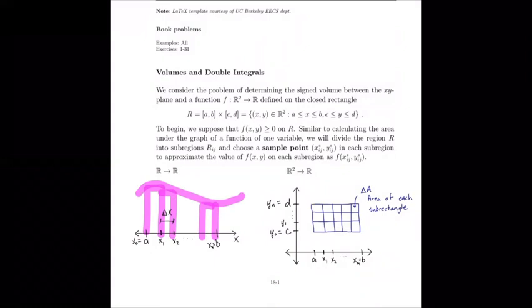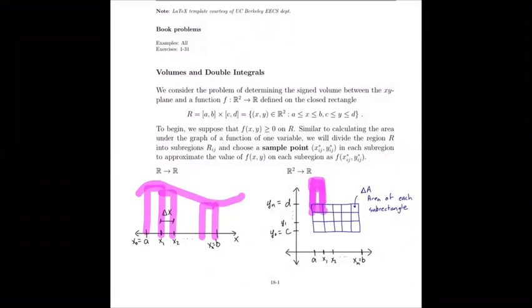Now, the analogous situation for a function from the plane into the real line would be to look at each of these sub-rectangles of this overall rectangle R, and that's actually a three-dimensional entity, a rectangular solid that stands up from the plane. The height of that solid is the value of the function f(x, y) at some point within there. That's what we would use to approximate it, at least. So now, instead of approximating rectangles, we have approximating rectangular solids.